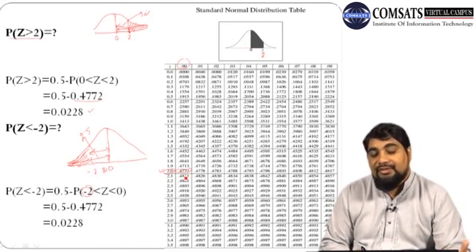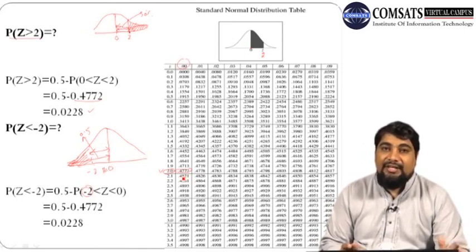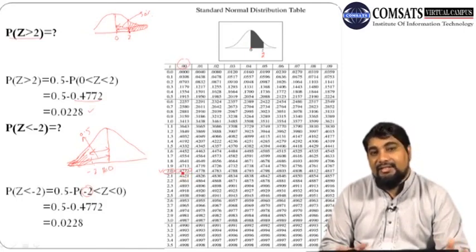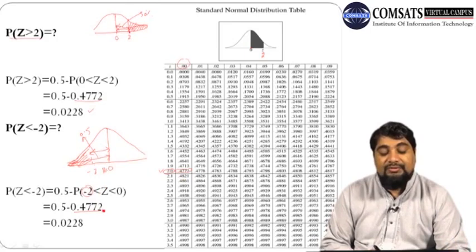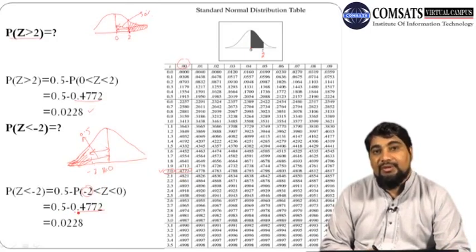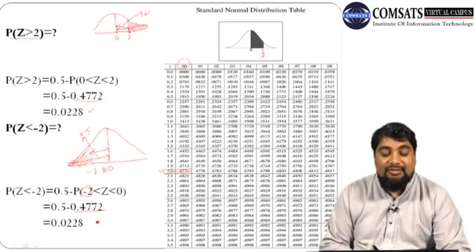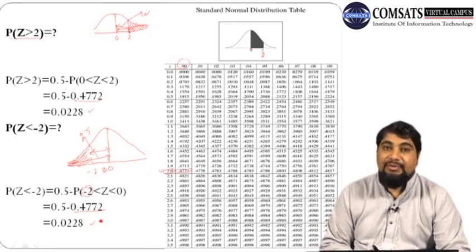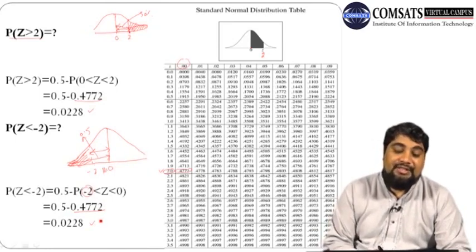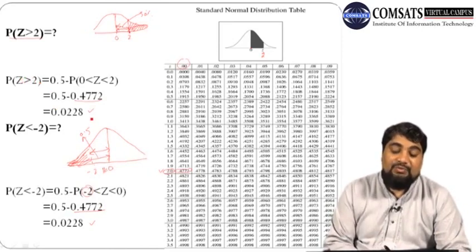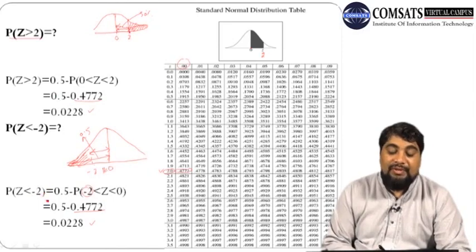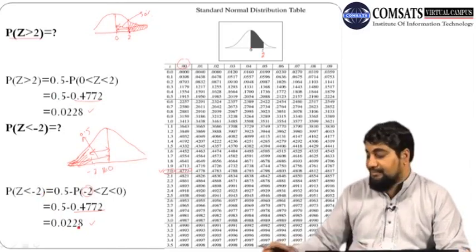Whether you use plus sign or minus sign, the area will be equal on either side of 0, which is the mean. So 0.5 minus 0.4772, we get 0.0228 or 2.28%. You can see that the probability that z is greater than 2 is the same as the probability that z is less than -2, and both are equal to 2.28%.